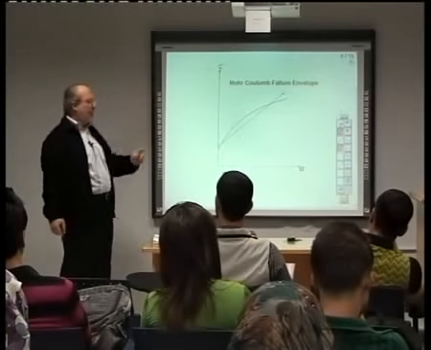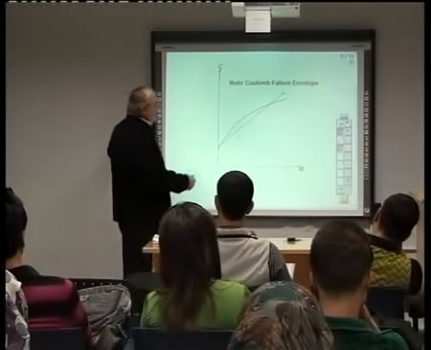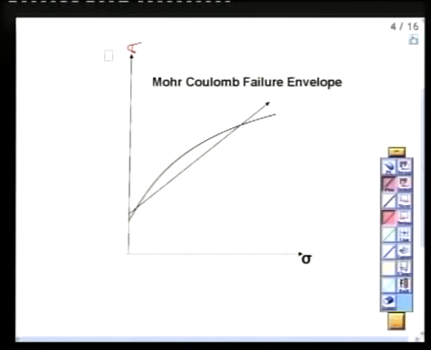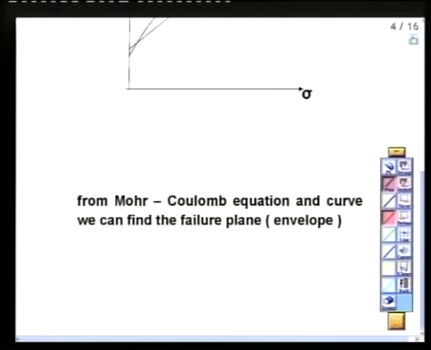They solved that equation, and they substituted the curve with a line, which is very good, because dealing with a curve is very difficult, and it's much easier to deal with a line. So we will not deal with this Mohr failure envelope. We will deal with the Mohr Coulomb failure envelope, which is a line, as you see.